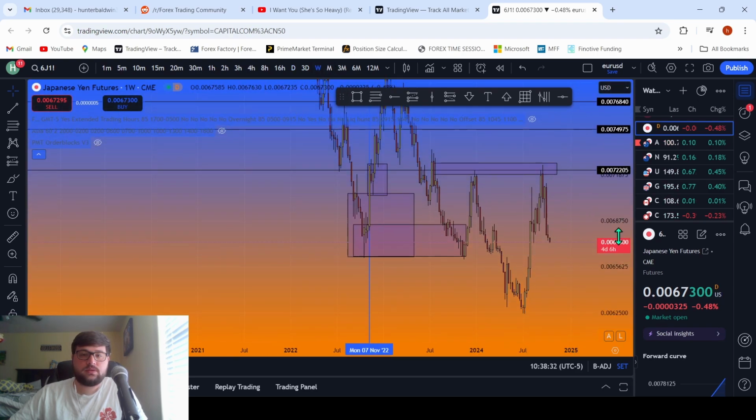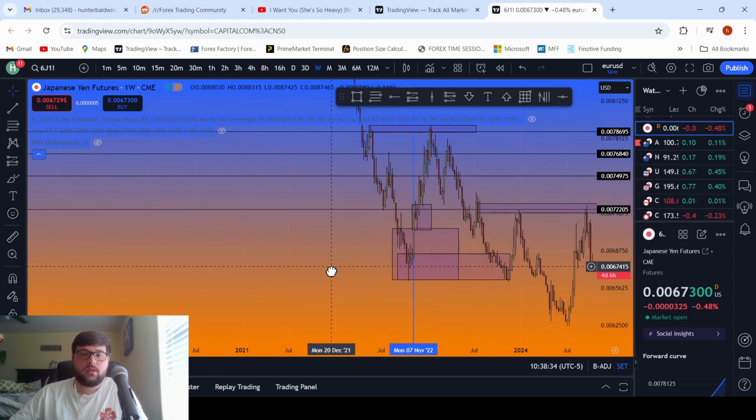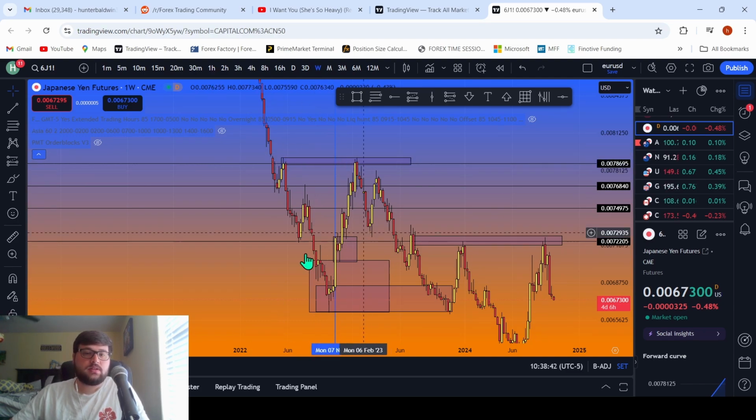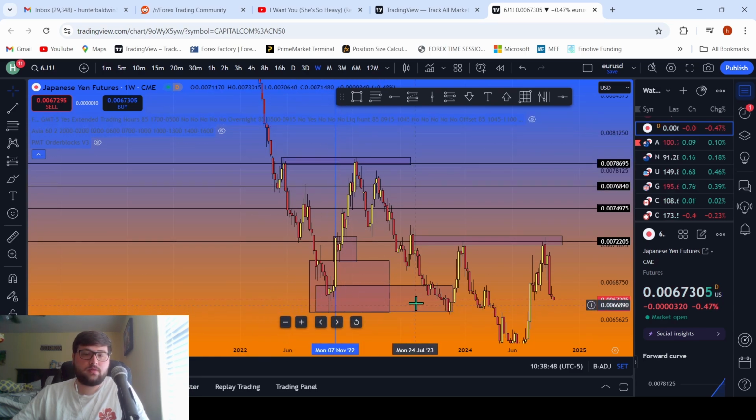I already have some of this stuff marked out. But essentially, when you think of supply, think of it as just selling. So it's an area where the market is more than likely going to sell from, meaning it will go down.